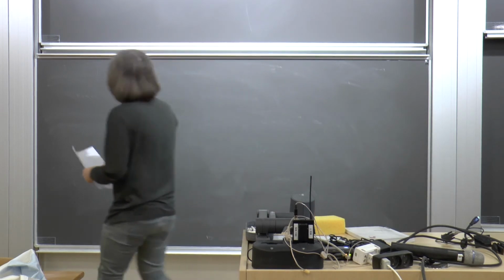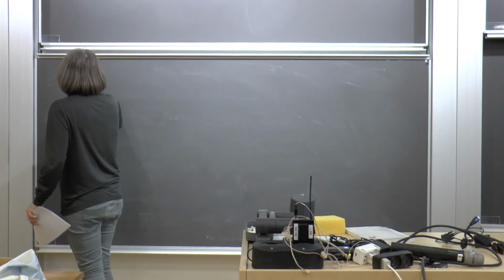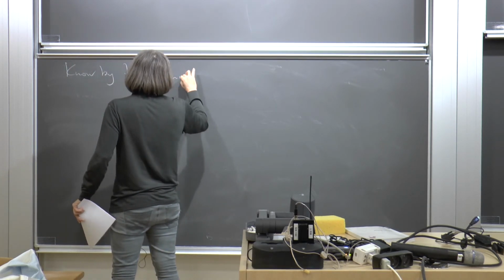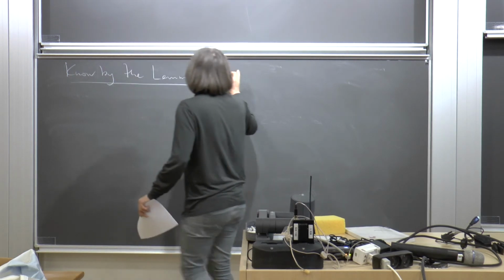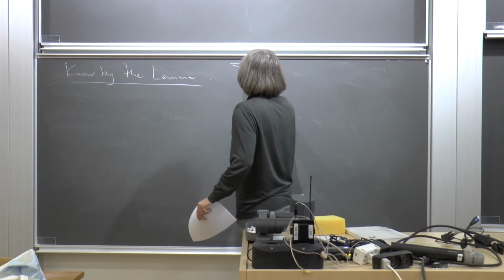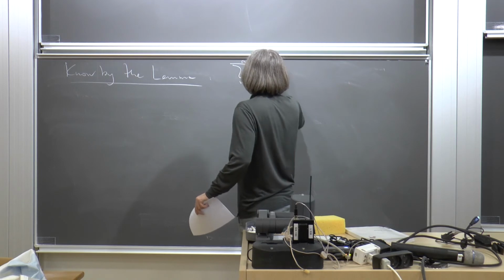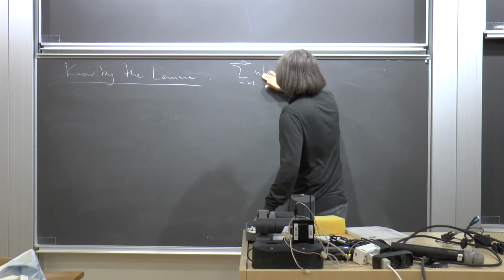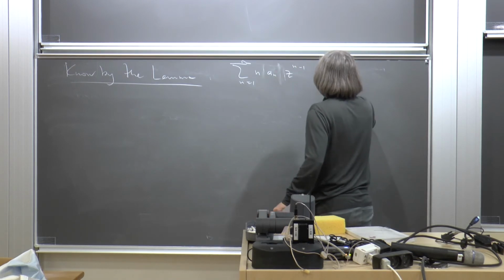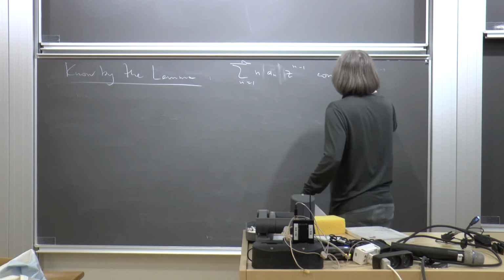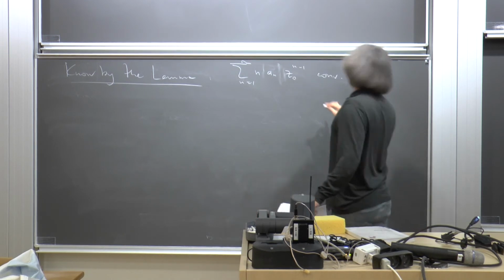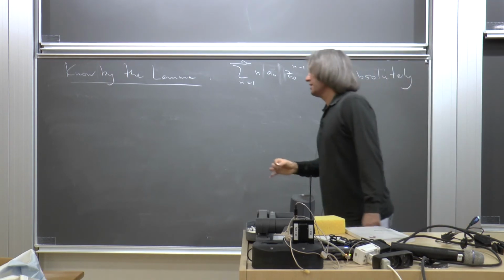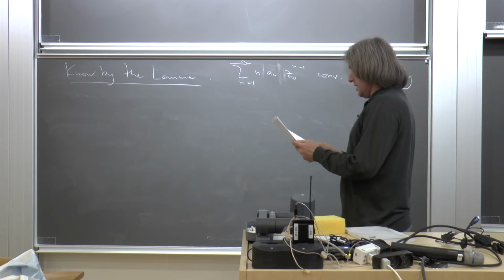So we know by the previous lemma, which I just derived, that the series converges absolutely, since we're inside the disk of convergence.